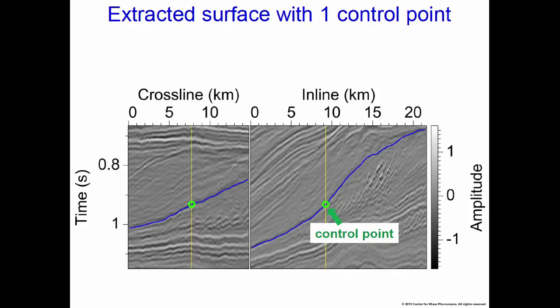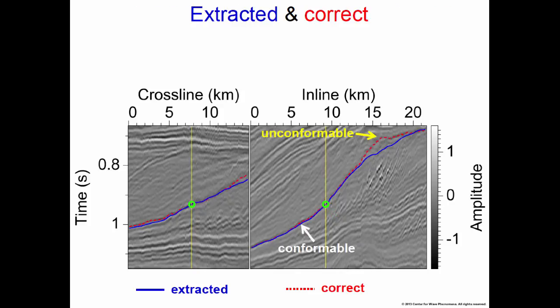Here I will show you a real example to further explain the difficulties of extracting sequence boundaries. Using the horizon extraction method I just discussed before, I extract a surface by using one control point. This extracted surface does align with the correct sequence boundary in its conformal parts, but it does not align with the correct sequence boundary in its unconformal parts.